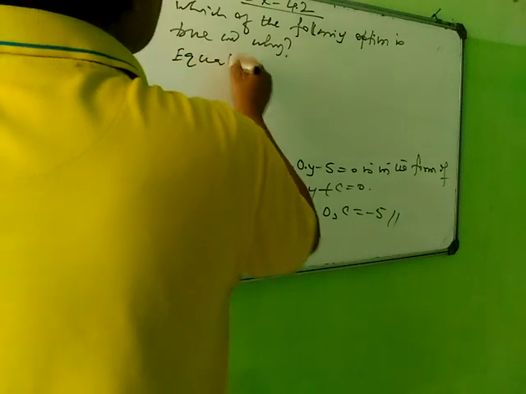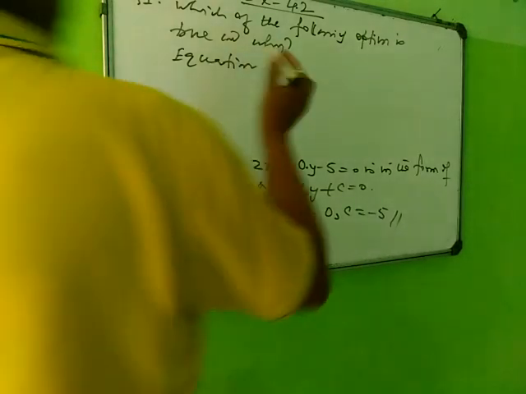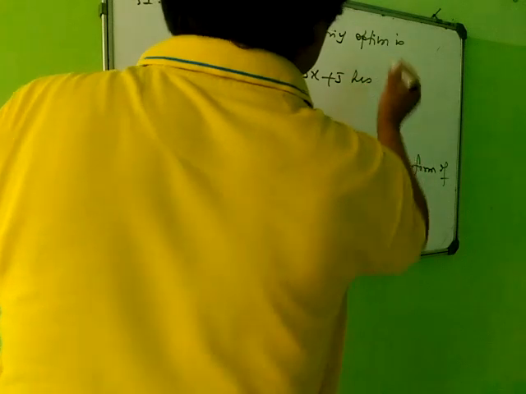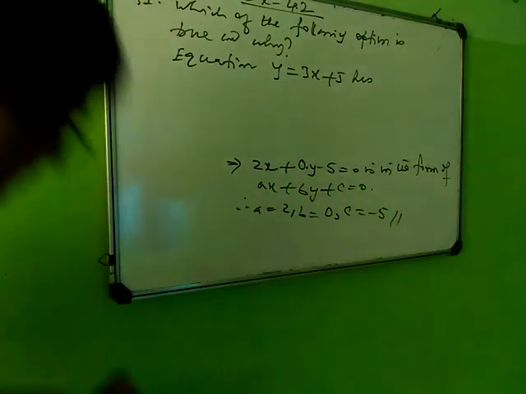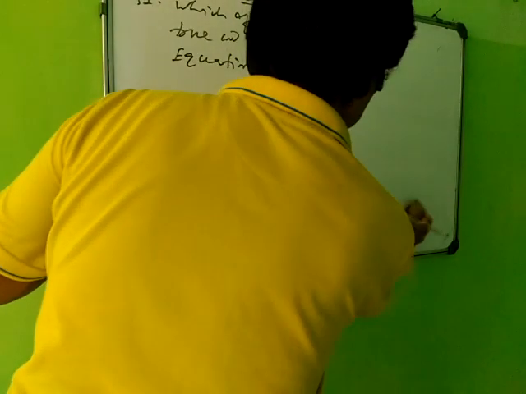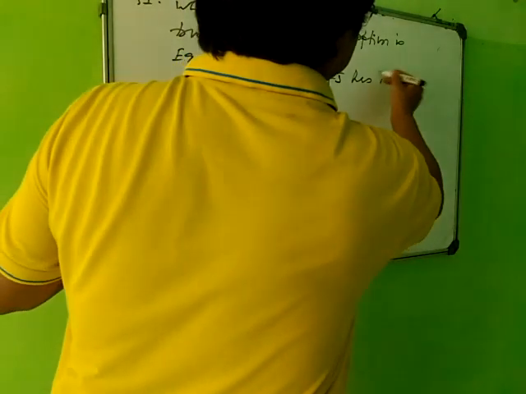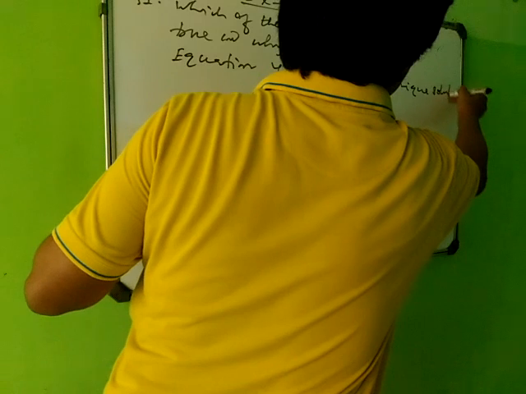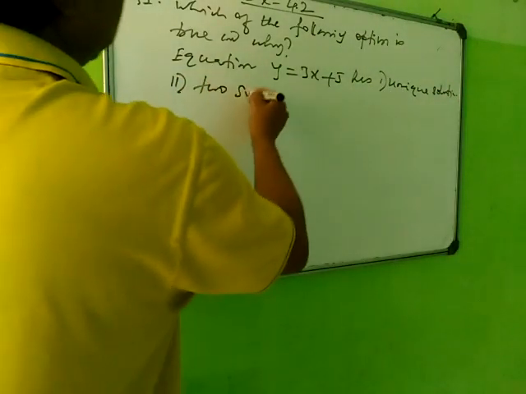The equation y equals to 3x plus 5 has, number 1, unique solution. Number 2, two solutions.